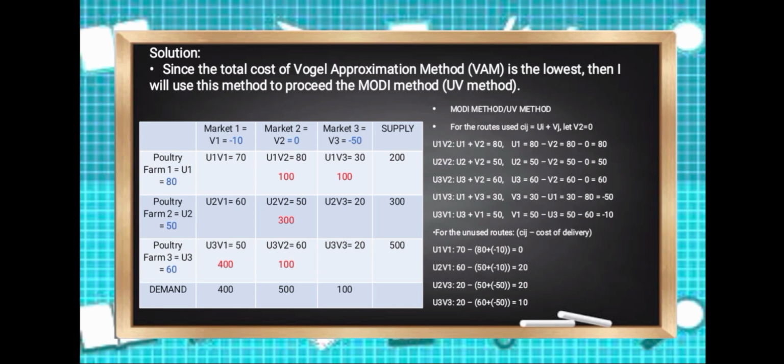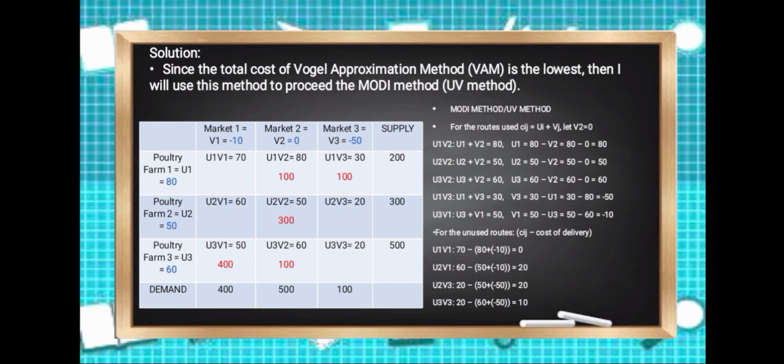Now U2 V1, which is 60 minus the U2 of 50 plus the V1 of negative 10, is equal to 20. In U2 V3, we have 20 minus the value of U2, which is 50, plus the value of V3, which is negative 50, is equal to 20.